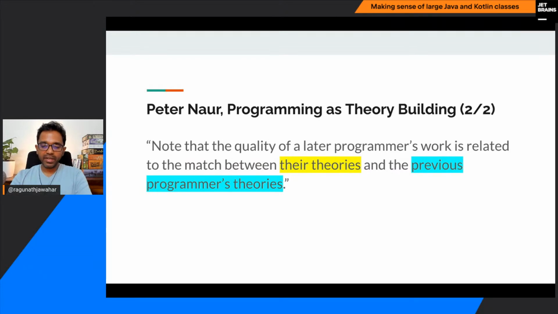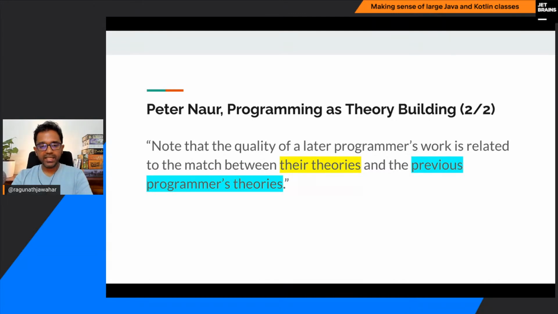So if I'm going to update a solution, enhance a solution, or work on someone else's code base, then I not only have to understand, I have to figure out the theory, or the understanding, of my previous maintainers so that I can craft solutions that will actually fit into the problem space, right?